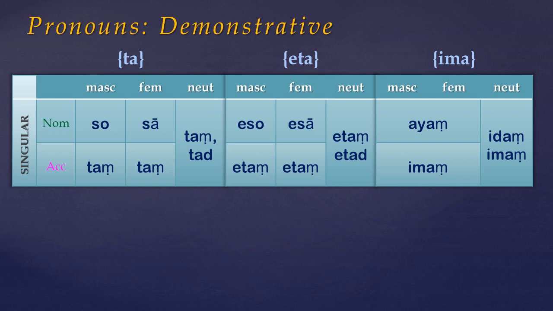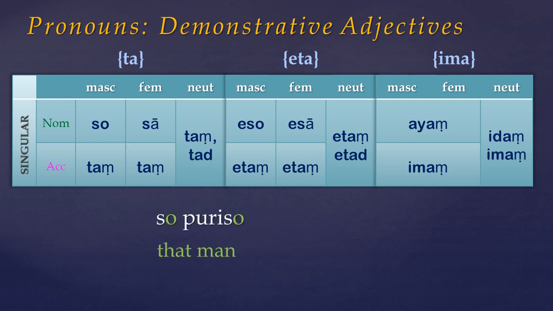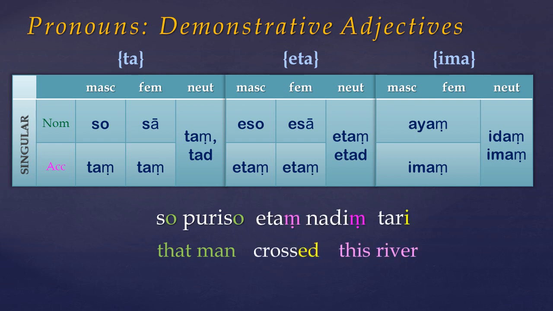Finally, demonstratives can also function as adjectives. So where a pronoun replaces a noun, an adjective is used to qualify a noun. For instance, that man crossed this river. Here the terms this and that are actually qualifying which man and which river.